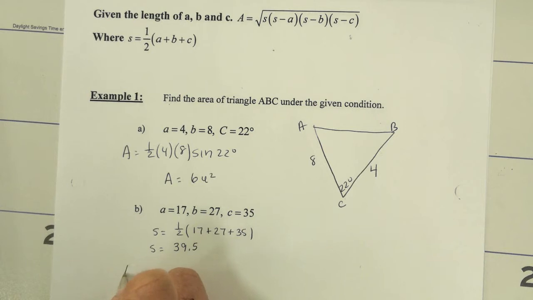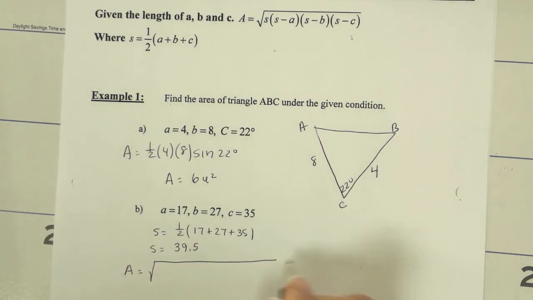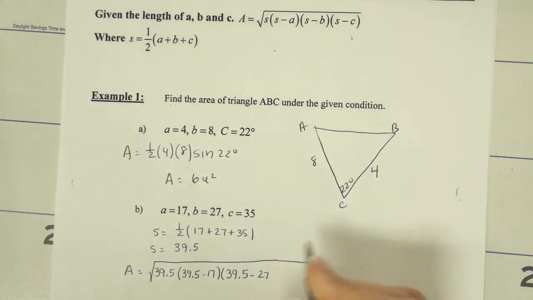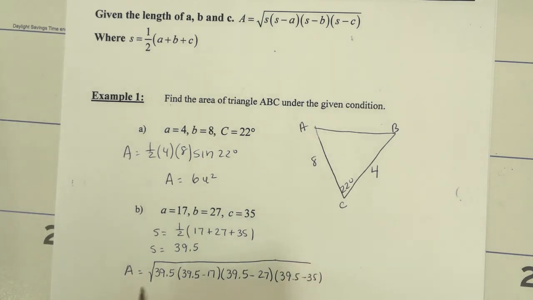All right, so now you're ready to plug that into your area formula. So area equals the square root of the semi-perimeter times the semi-perimeter minus A, which is 17, times the semi-perimeter minus B, which is 27, times the semi-perimeter minus the third side, which is 35.